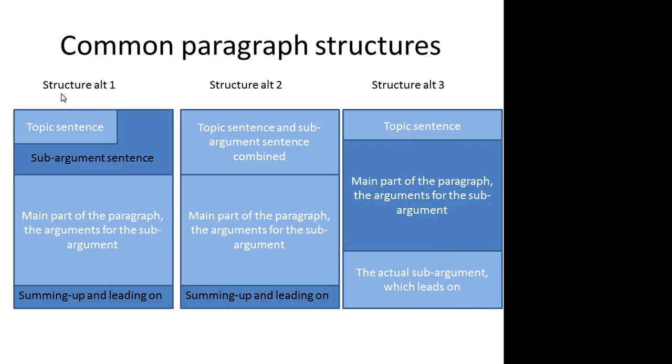And then in the end, you sum up as before. So then you don't really know what the main argument is, what the common thing is that this paragraph is about, or the main conclusion of the paragraph, until the very end. But sometimes, depending on how things are flowing, this might also be a good structure.